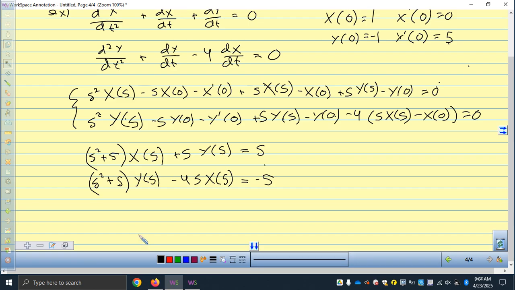And let me double check here. This is not an s squared plus 5. This is an s squared plus s. The s comes from s x of 0. So that's a 1. So I can divide this entire equation. And this, let me double check here. This is a minus s, not a minus 5.